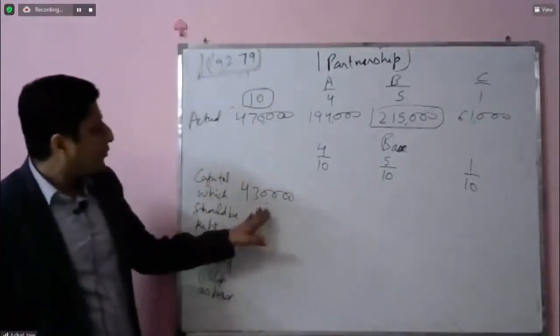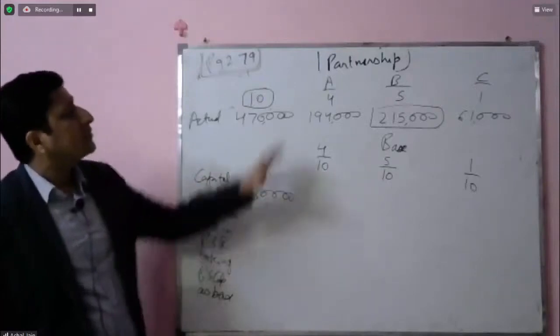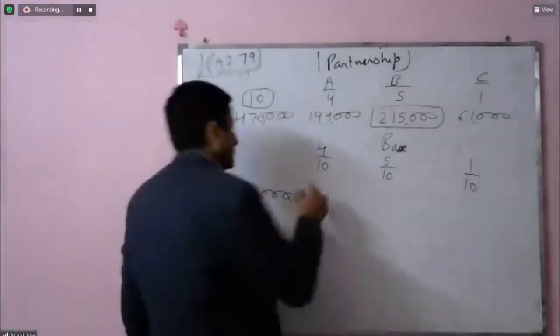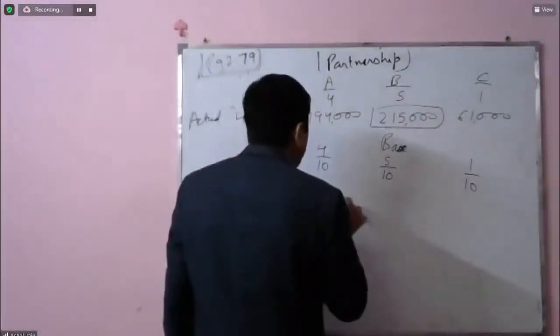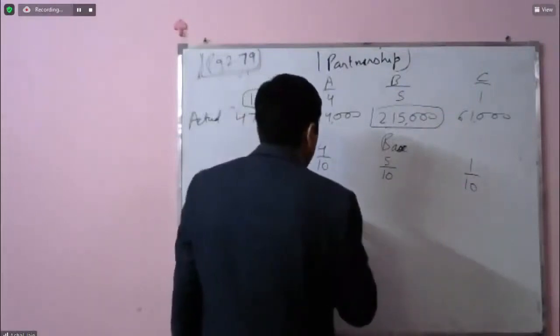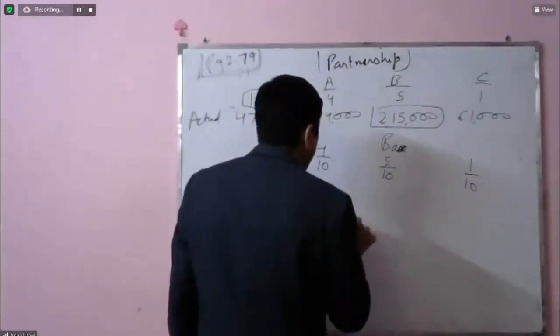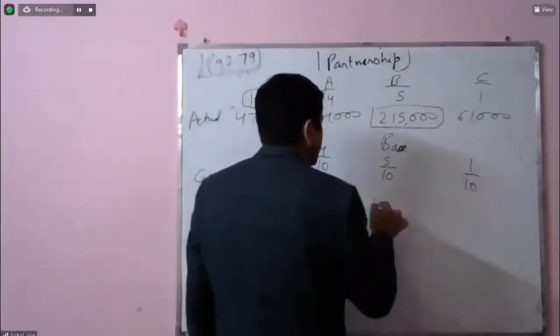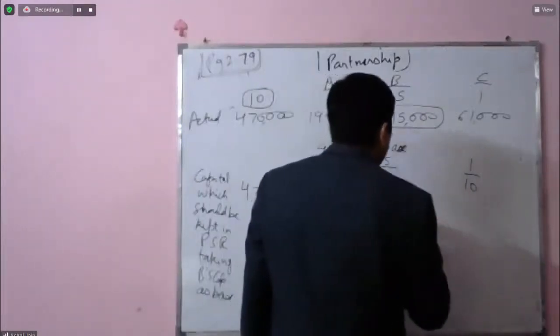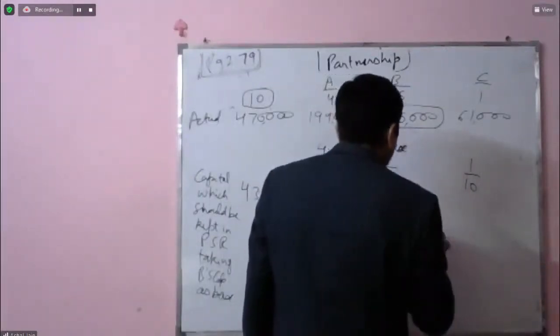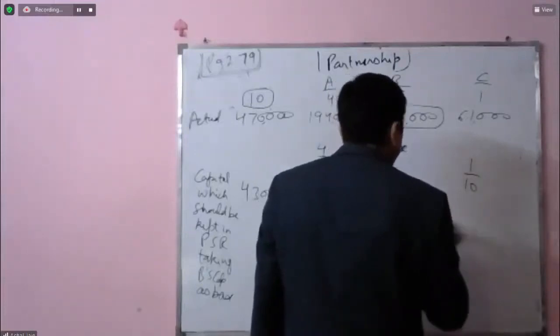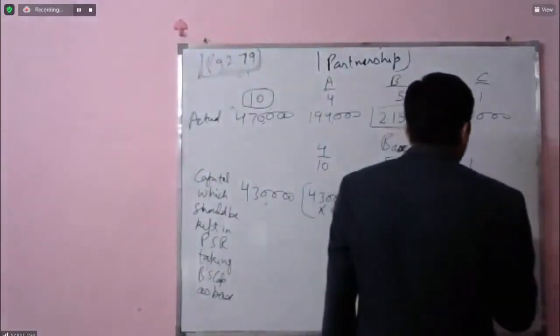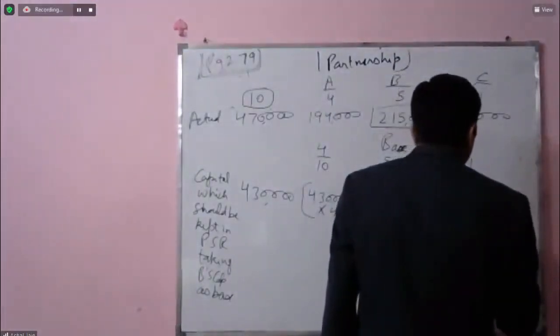Now, I need to allocate this 4,30,000 to A, B, and C. So what do I do? 4,30,000 into 4 by 10, 4,30,000 into 5 by 10, 4,30,000 into 1 by 10.